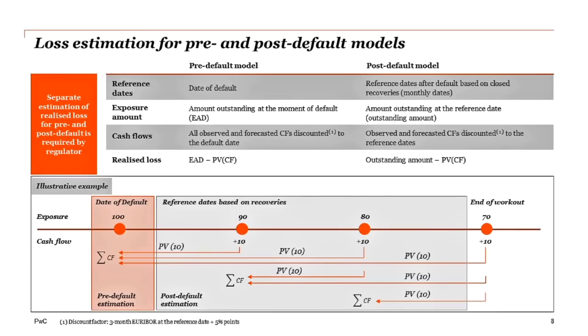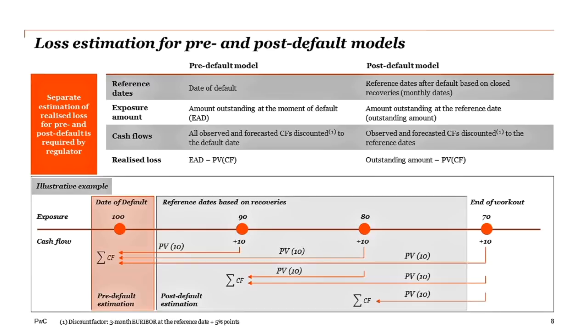On the next slide, we can observe that the loss estimation can differ between pre- and post-default models. What really matters, when you look at the lower part of that slide, is that for the pre-default model, highlighted with the purple background color, we have this 100 total outstanding balance to be recovered.